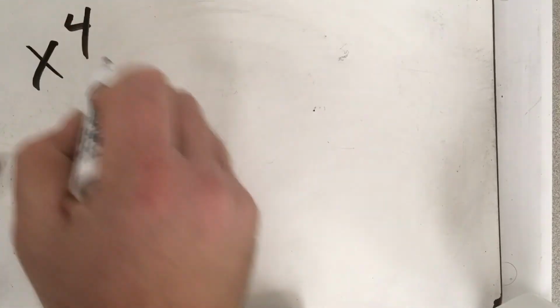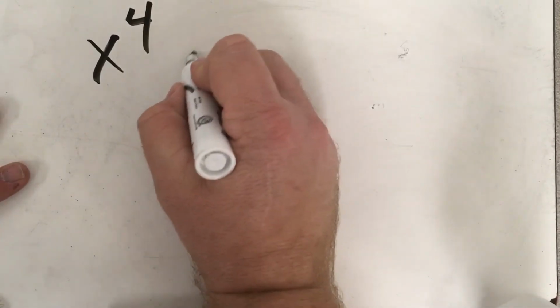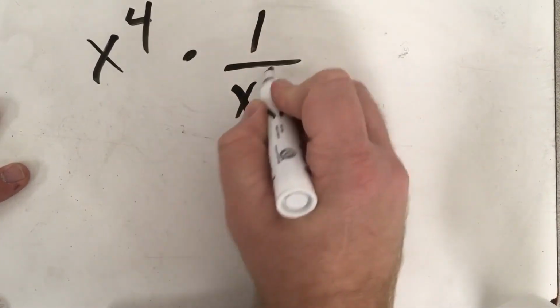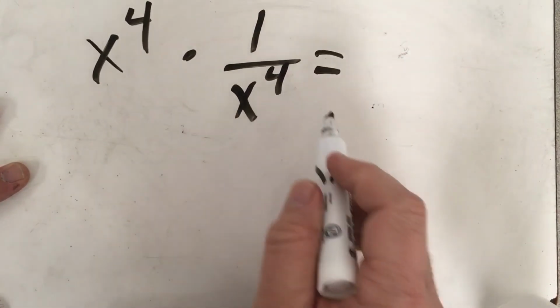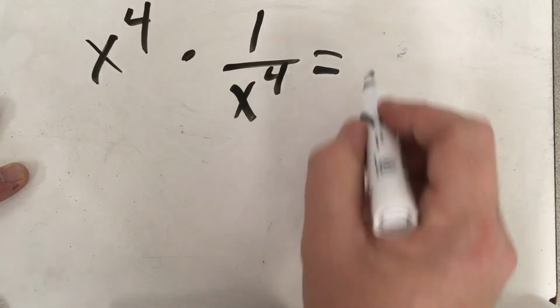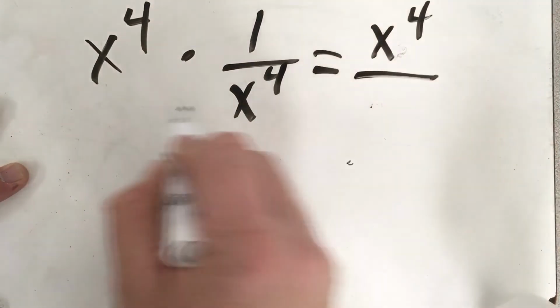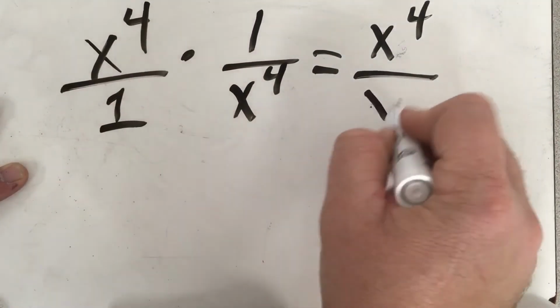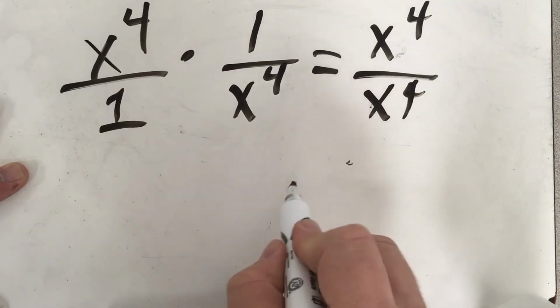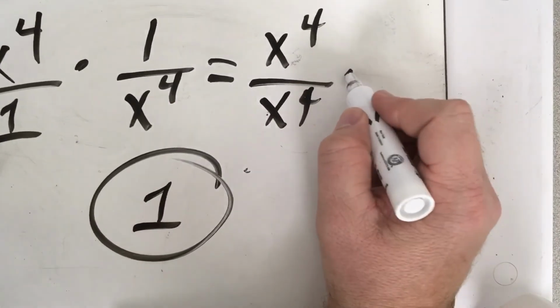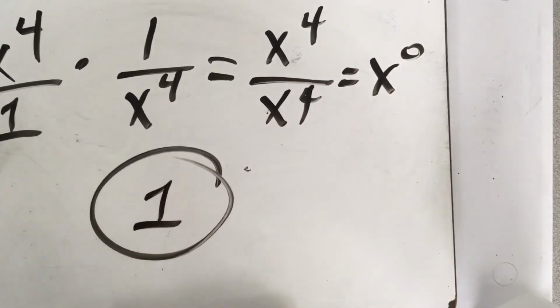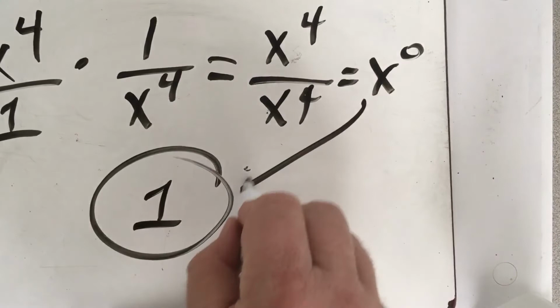What is x to the negative 4th? You've learned that it's 1 over x to the 4th. So another way to do this problem would be to change that to a fraction, multiply across the top, multiply across the bottom. Anything divided by itself again is 1. Or if you're trying to use the rule, subtract those exponents, 1.